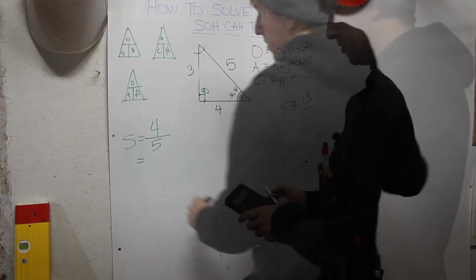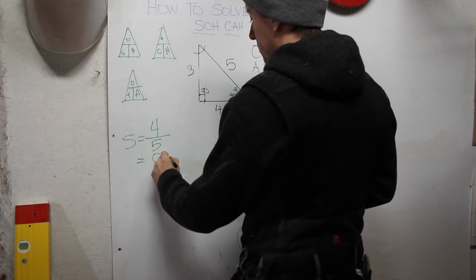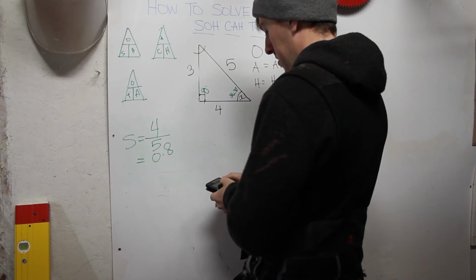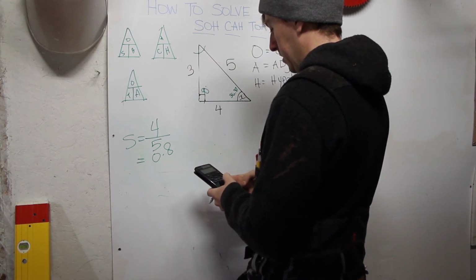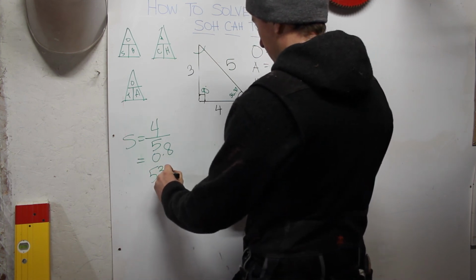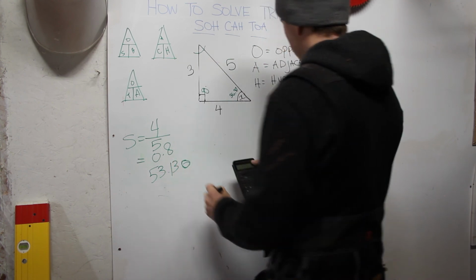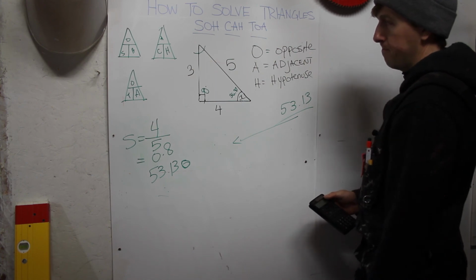That equals 0.8. So I will go sine to the power of -1, 0.8 equals 53.13. That looks like it's right. So the math works.